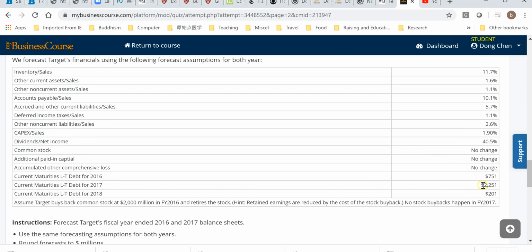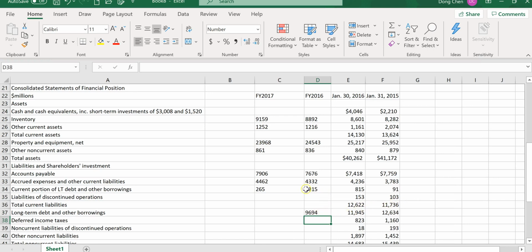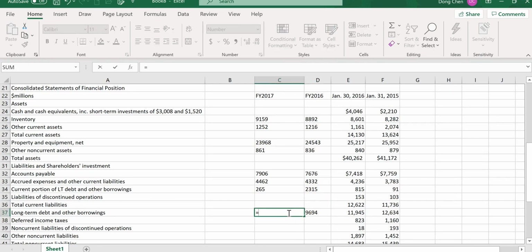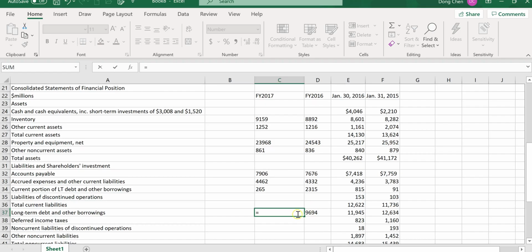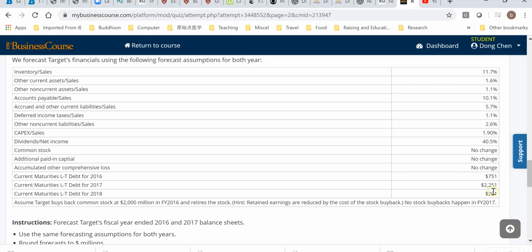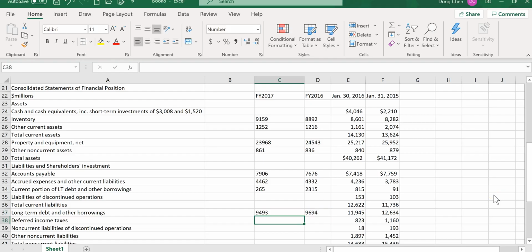So that's going to be 2,251. We'll get rid of that because that part is already reflected in the current portion of the long-term debt. And then for fiscal year 2017, again, we need to get rid of the amount 201.